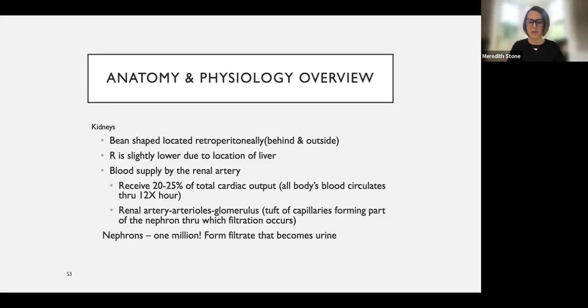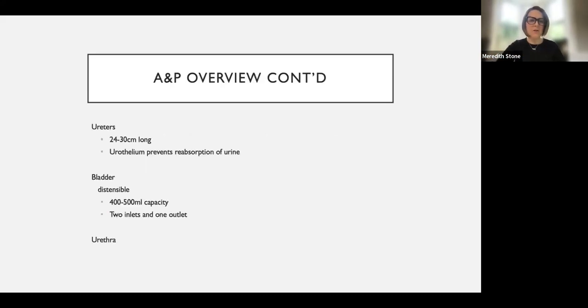So if you look at that picture, which I don't have right here, but you have the picture, and I'll have a picture coming up, each of those little tufts of capillaries, the glomerulus, is what makes up the filtration component of the kidneys. And that's what ultimately creates the urine.